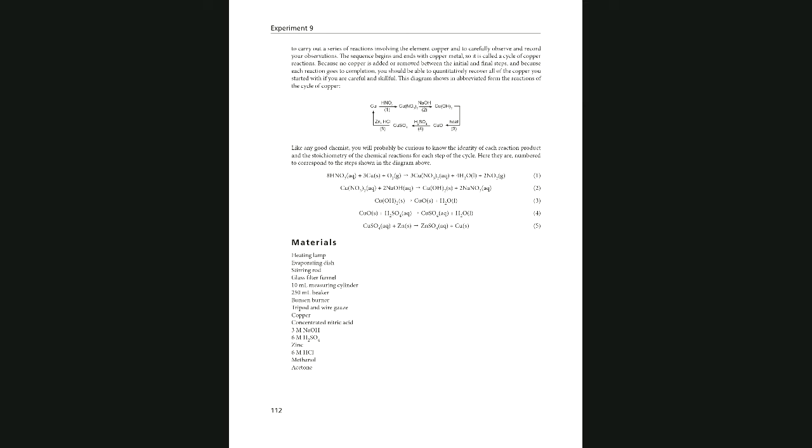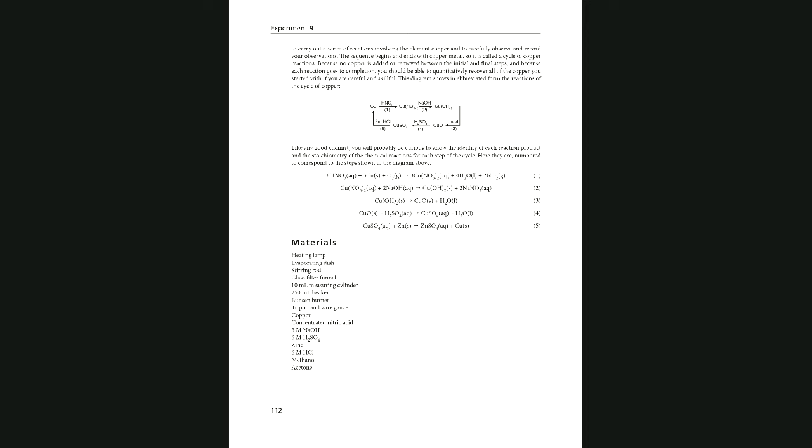We have single displacement reaction, like this one. You have acid-base reaction. You have decomposition reaction. So you are going to learn about different types of reaction, and you are going to cycle the copper through a set of these reactions. By doing that, you learn about lab techniques, and you learn about different types of reactions. Also study the law of conservation of mass.